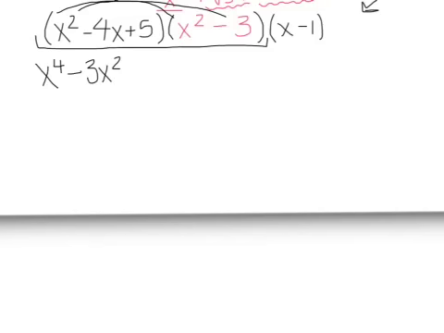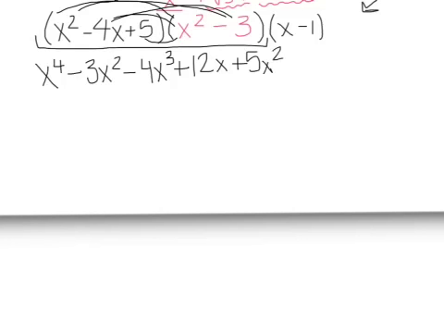Now I need to give the negative 4x to everything. So negative 4x times x squared is negative 4x to the third. And negative 4x times negative 3 is a positive 12x. Then we have a 5 times x squared, so we have 5x squared. And 5 times negative 3, so it's negative 15.